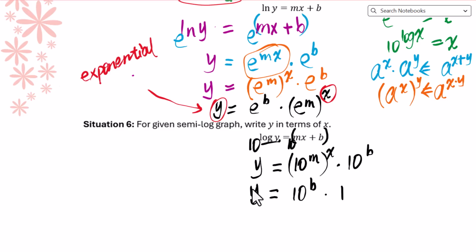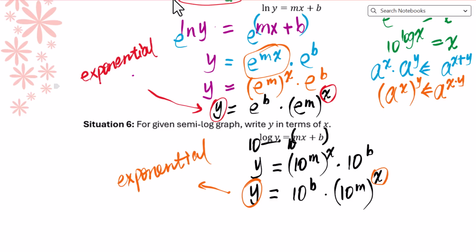We got y equals 10 to the power of b times 10 to the power of m, then to the power of x. The relationship between y and x is exponential. So remember, a semi-log graph results in exponential modeling.